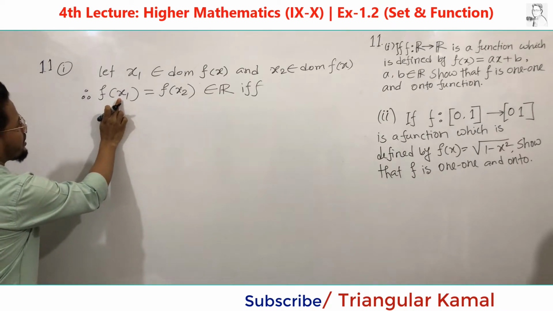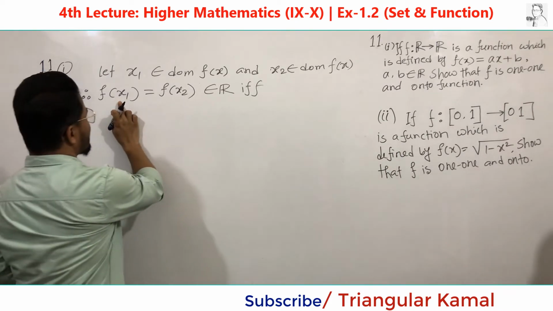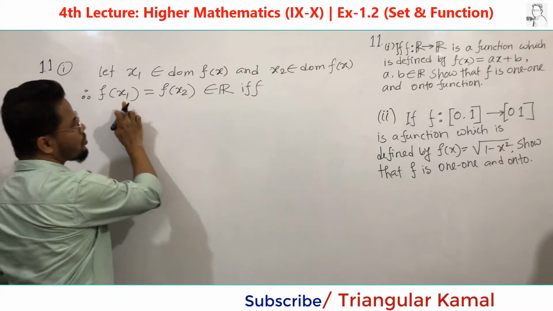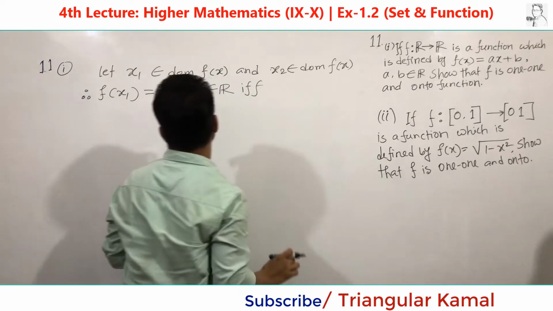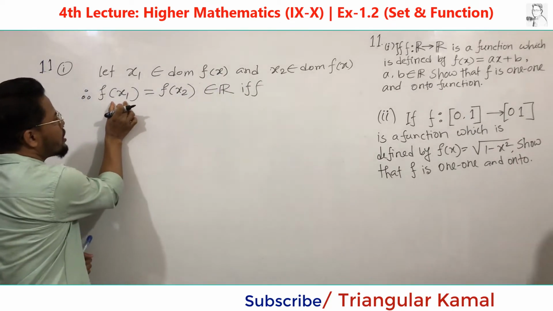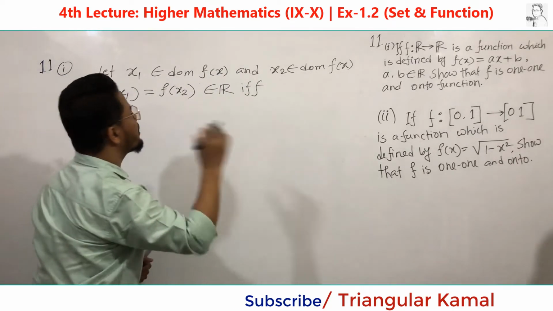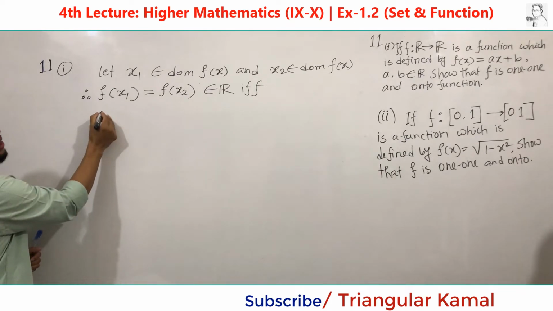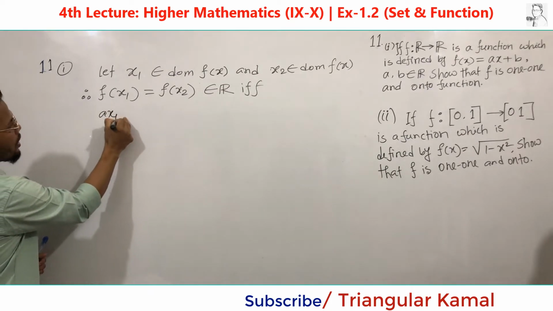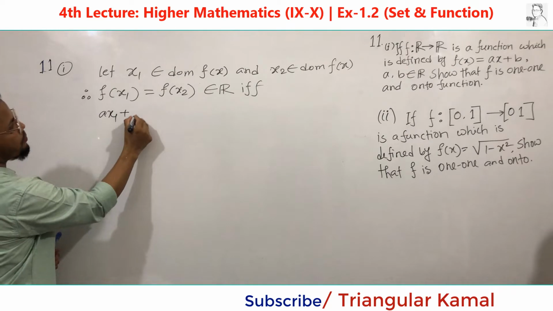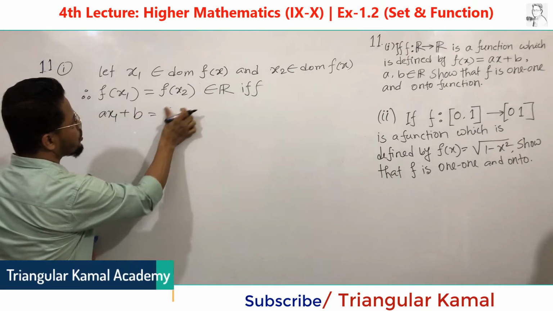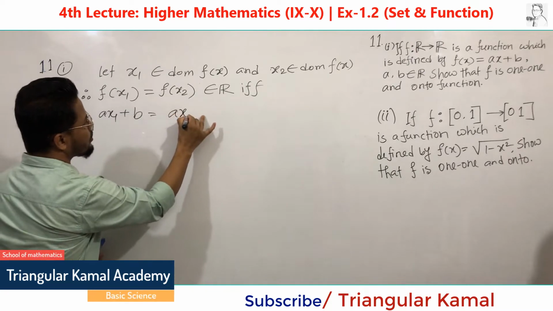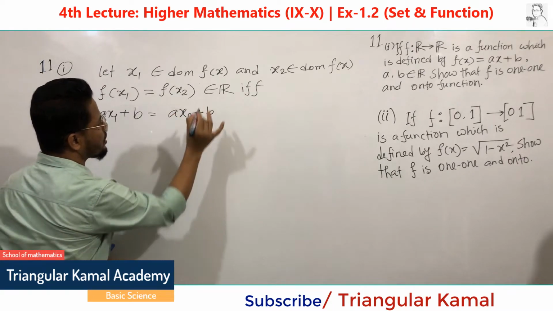Now you have to change the variable to x1. Just apply x1 from the domain in the function f of x equal ax plus b. So this is the input, and now you have to find the functional value. So this one will be ax1 plus b equal ax2 plus b.